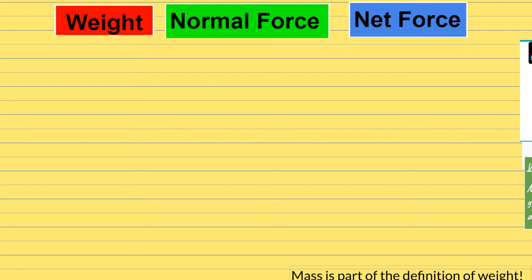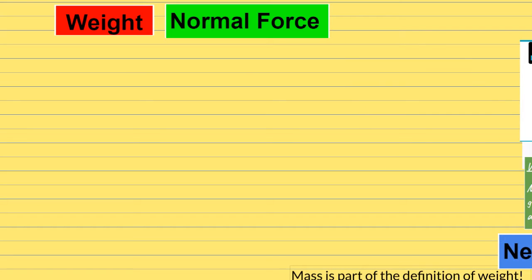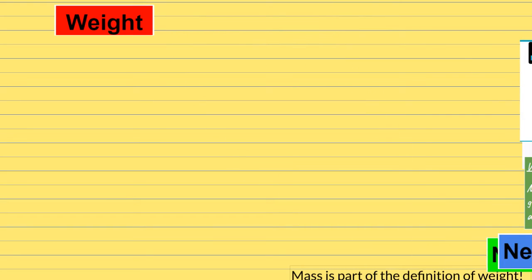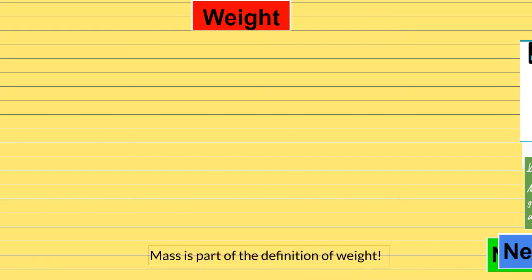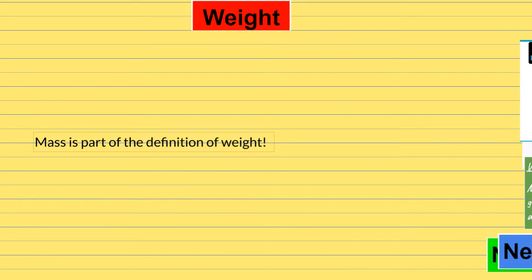And we're going to start out with weight. So I'm just going to move these two back to the side again. And weight is a force. And what I want to talk about is the distinction between mass and weight, because weight is actually a force and mass is part of the definition of weight.